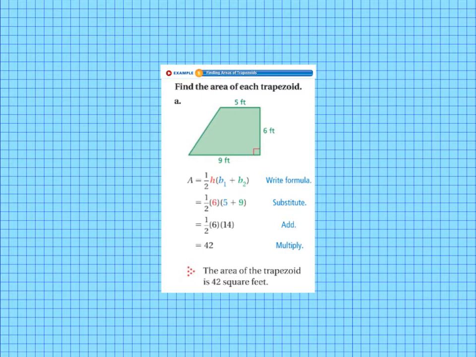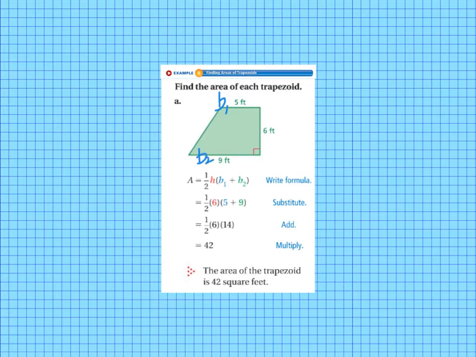Now, I am going to tell you it does not matter if you choose the top as b1 or the bottom as b1, as long as you have the flat sides. Those are your bases. So the book here chose the top base as base 1 and the bottom base as base 2.